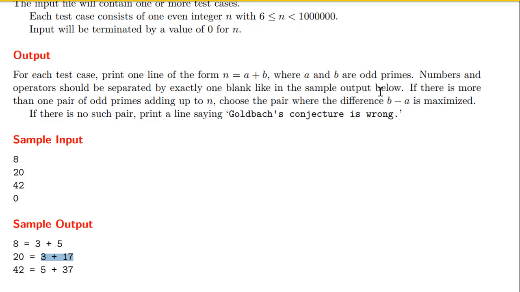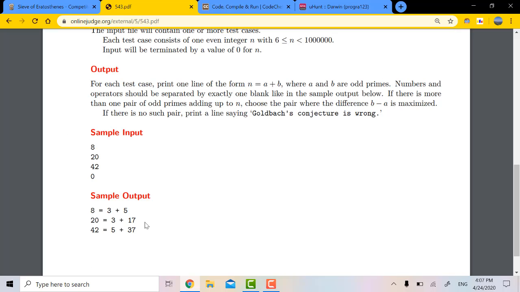They are asking us for that pair of odd prime numbers where the difference b minus a is maximized. That's why they are taking 3 plus 17 instead of 15 plus 5, for example. So we want this to be maximized. In other words, they are asking us for the greatest b and the lowest a.